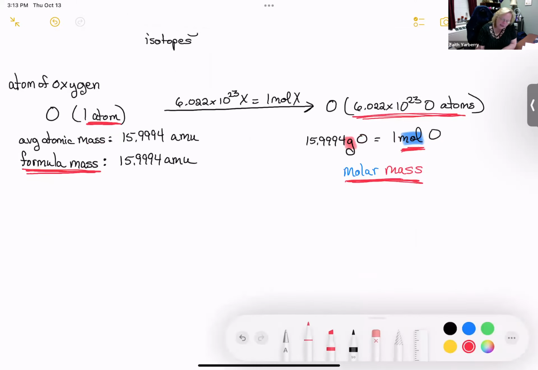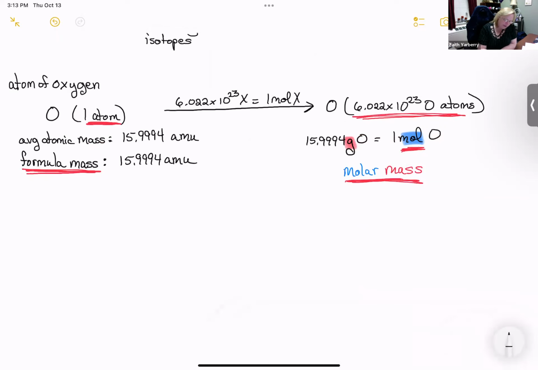We can say the same thing for hydrogen, folks. Let's talk about 1 atom of hydrogen. Well, 1 atom of hydrogen is going to have a formula mass of 1.00794 AMU, as found on the periodic table.